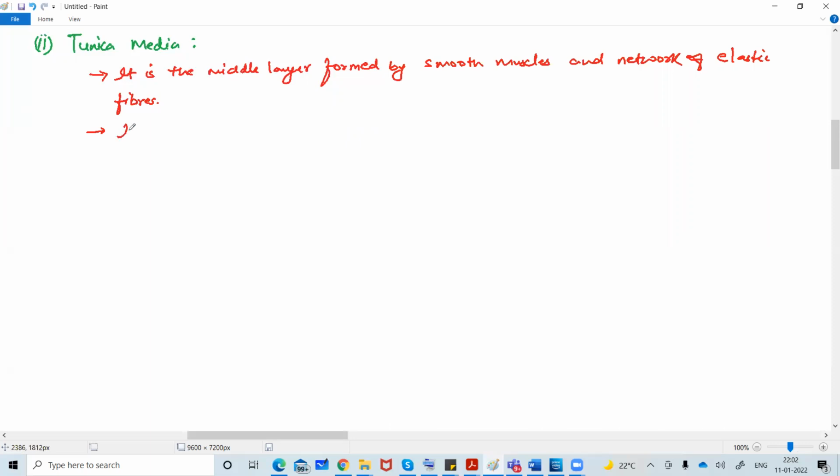So next point, you can say that it is better developed in arteries, and so the wall of arteries is more elastic with respect to veins. Veins are less elastic because the blood is not flowing with high speed, so there is no need.